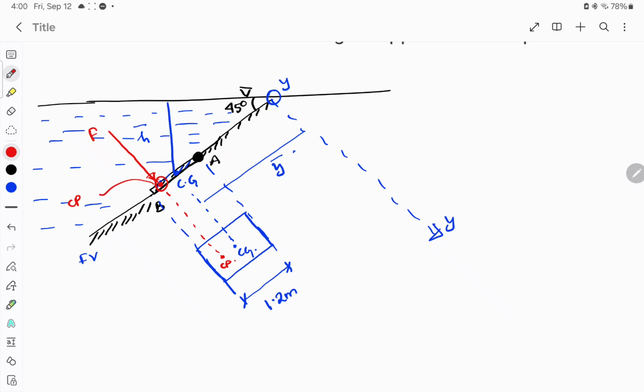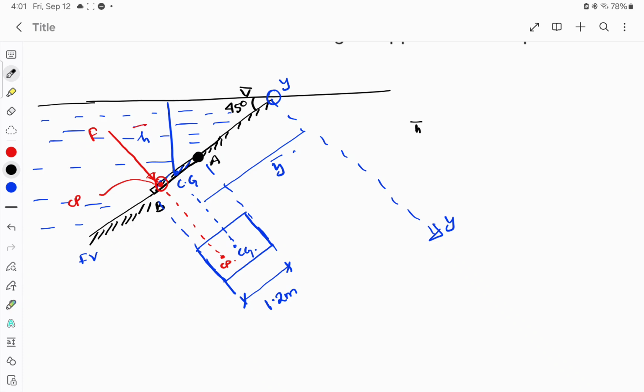Now let us try to solve this. To solve, we first have to calculate h bar. What will h bar be? First of all, some things are given, some things are not given.